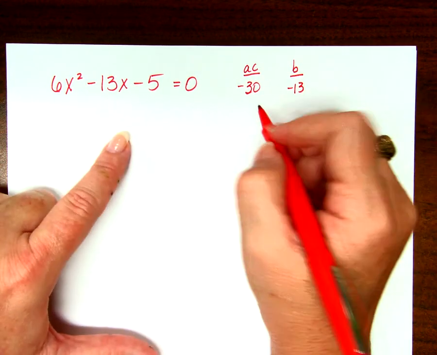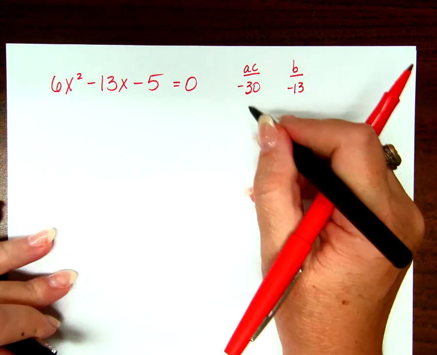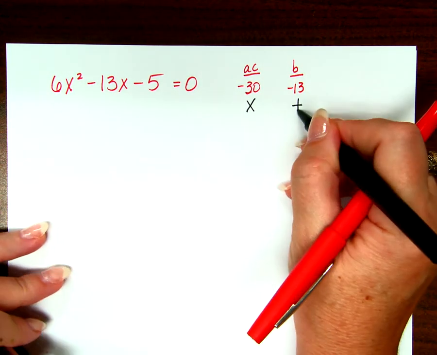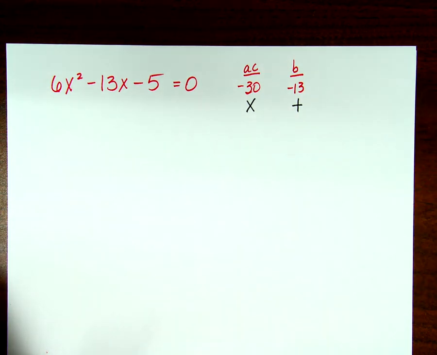So what two numbers multiply to be negative 30 and add to be negative 13? 3 and 10 are the first two I thought of too, but they would have to be opposite signs to multiply to be negative 30, right? And if they're opposite signs, I can't make 10 and 3 add to be negative 13, can I? Does that make sense?